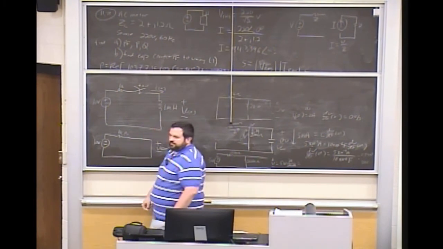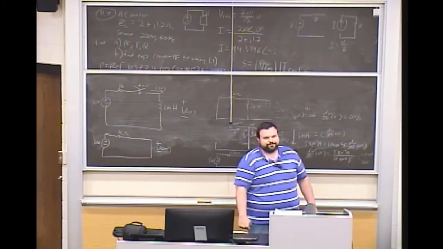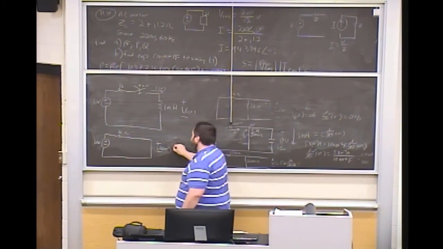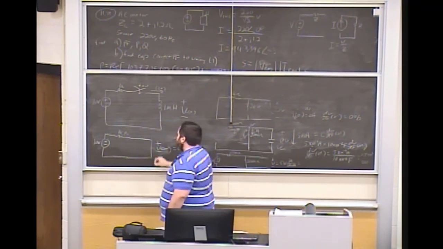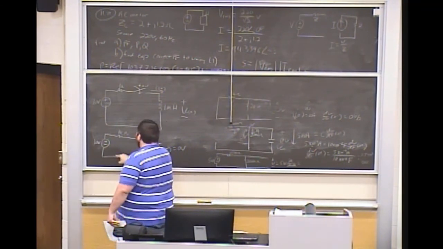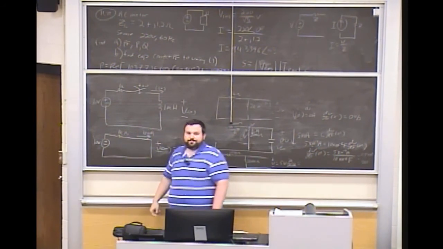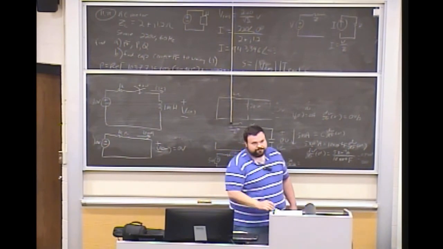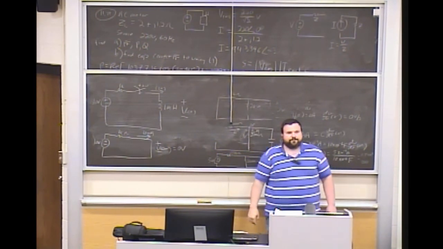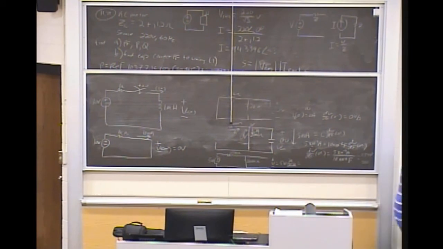How much voltage gets dropped across a short circuit? 0 volts. And what's the current here? Just 10 volts divided by 1 kilo ohm, 10 milliamps. Yeah, so it's all about recognizing the voltage drop across a short is just 0.